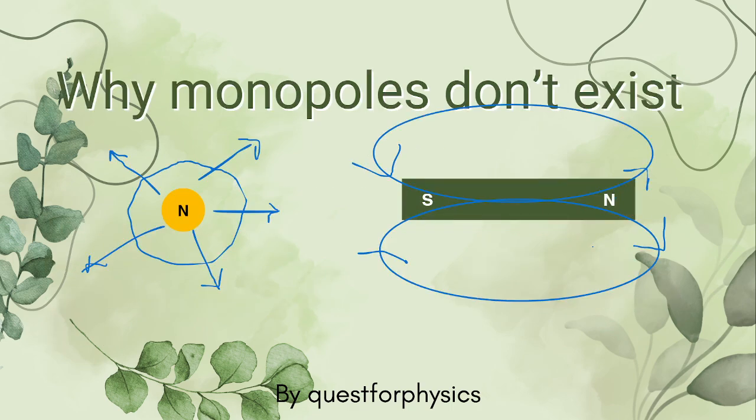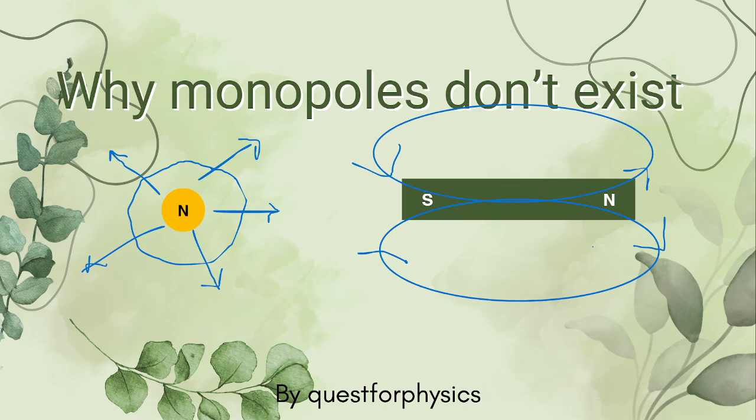How will that happen? In the second case, we have considered a magnet with south and north pole. Here, the magnetic field lines go out through the north pole and enter the south pole. The same happens in this case. Now it's clear the magnetic field lines are forming loops, closed loops.